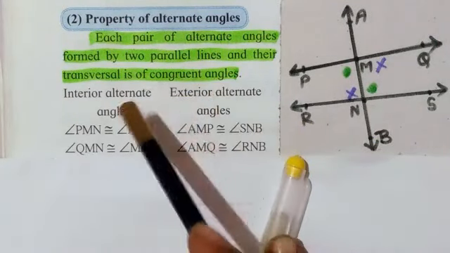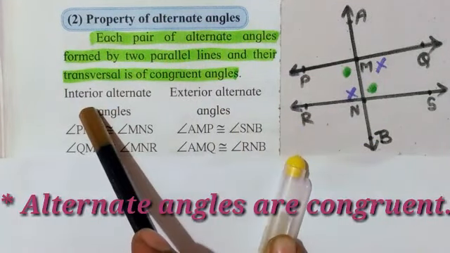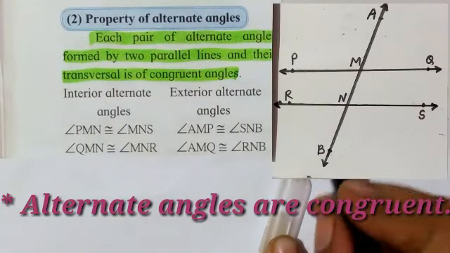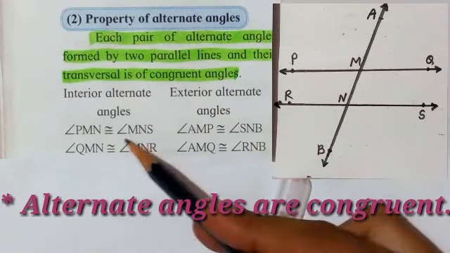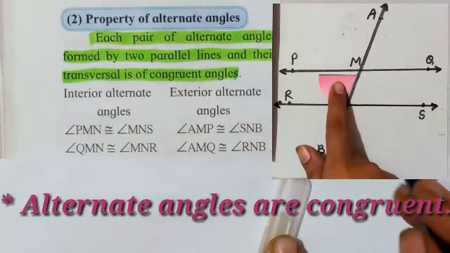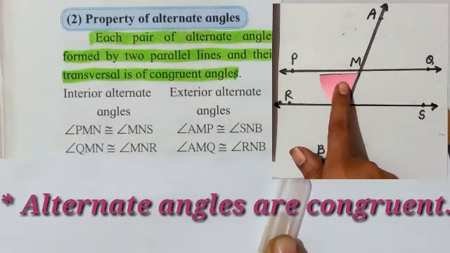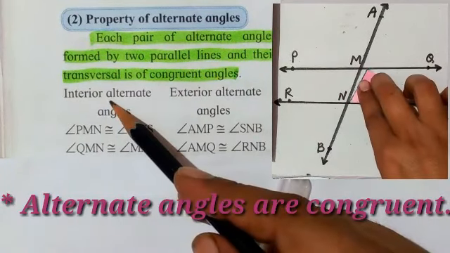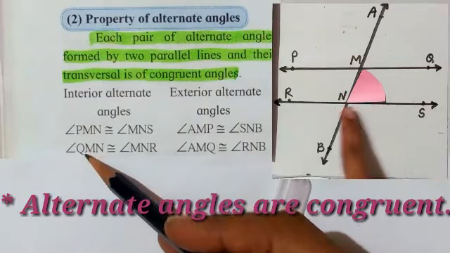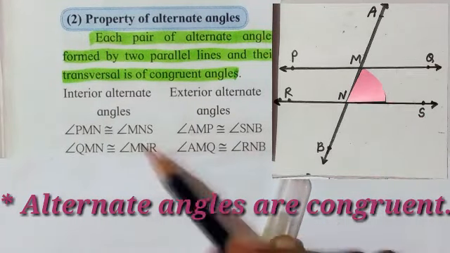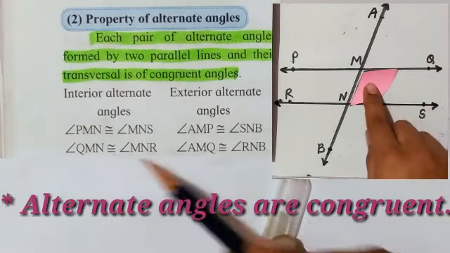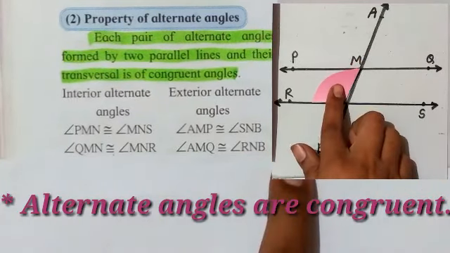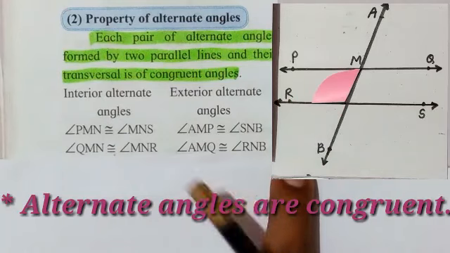As we know, alternate angles are of two types, interior alternate angles and exterior alternate angles. Interior alternate angle PMN is congruent with angle MNS, and angle QMN is congruent with angle MNR.